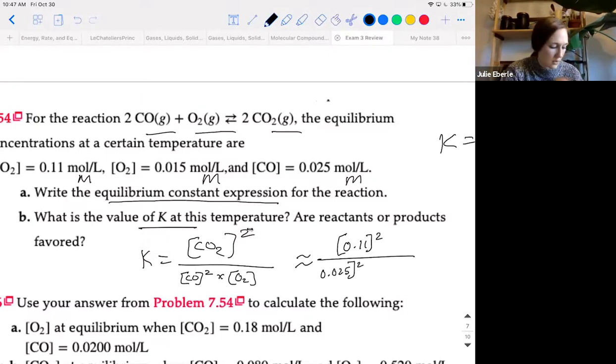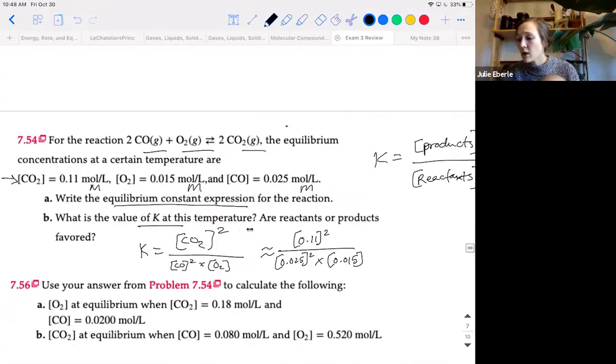We're going to square that, and multiply that by 0.015, which is the value for oxygen. Make sure if you plug all this into your calculator all at once that you put the denominator in parentheses: the 0.025 squared and the 0.015.